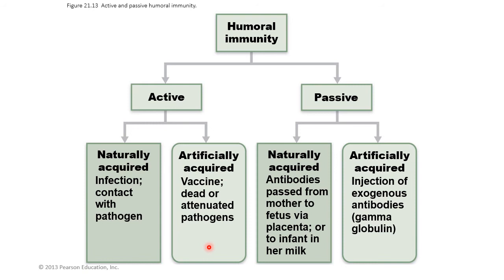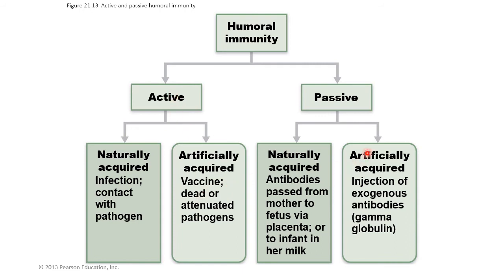The exposure to those dead or attenuated pathogens allows the immune system to develop antibodies indirectly. You're not getting the live infection, you're getting a weakened form, but the body sees it as if it was the real thing. So you develop memory, either naturally active by getting the infection or artificially active by getting a vaccination.